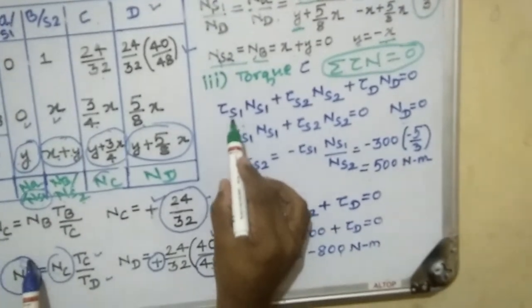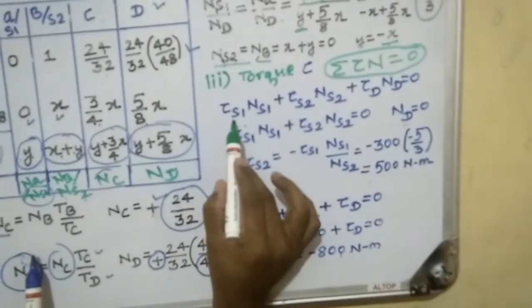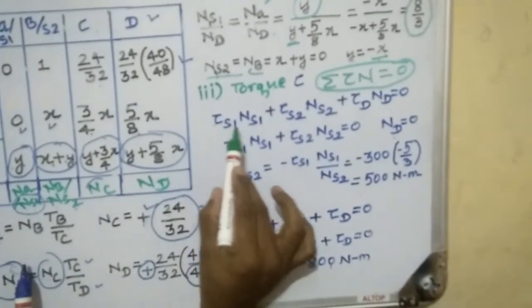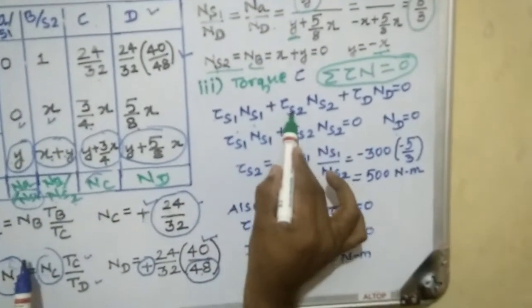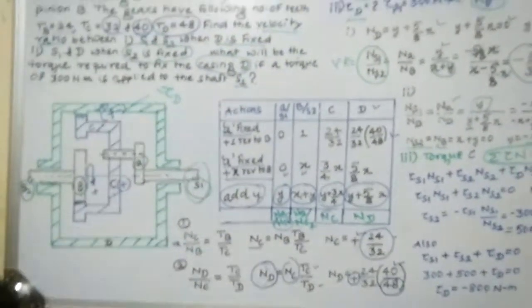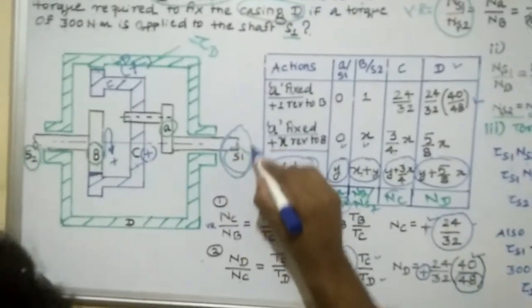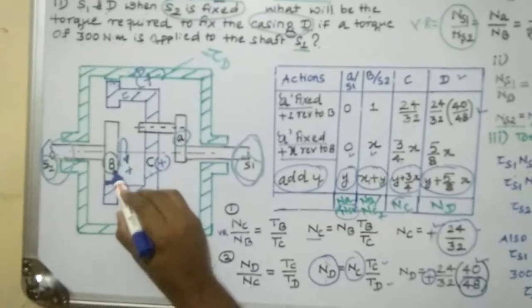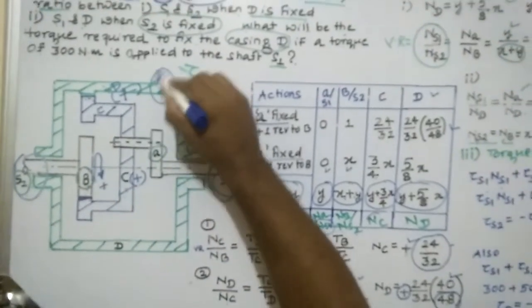The sum is over the torques connected to external things. Tau S1, NS1, look at the figure, is connected to external. Similarly NS2 or B is also connected to external, and D can also be connected to external.